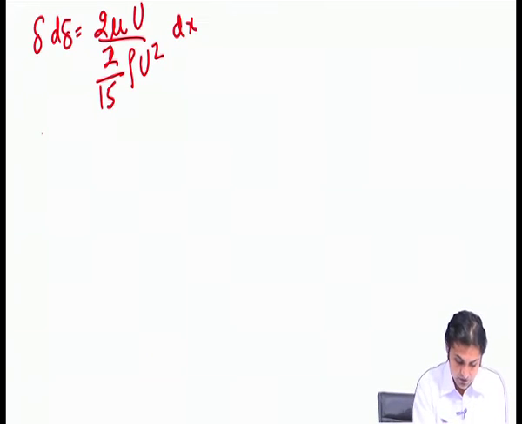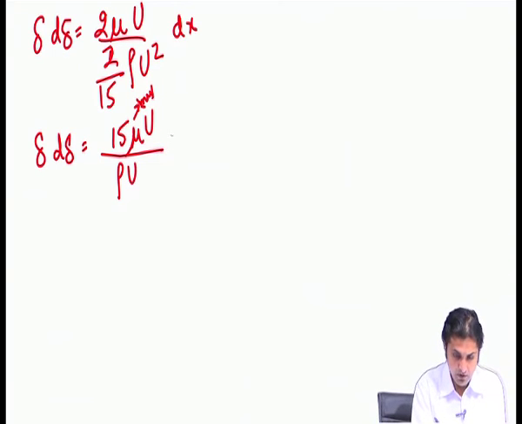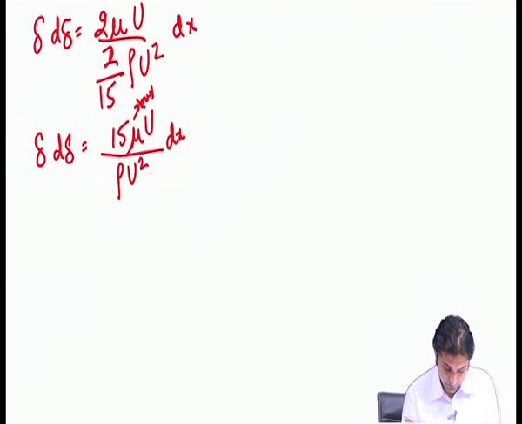So delta d delta is equal to, we can cancel, one U will get cancelled, mu into rho U square dx.